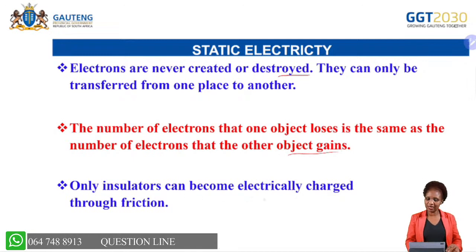Only insulators can become electrically charged through what? Through friction. Remember, insulators are bad conductors of electricity. They are not conductors of electricity. Remember that. Good. That's why we are saying only insulators can become electrically charged through friction.